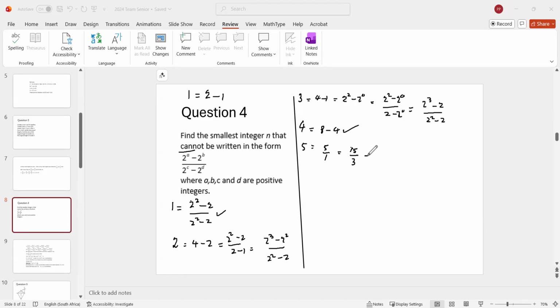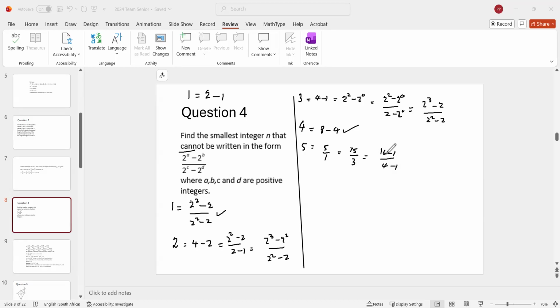Now, why do we do that? Because this is 16 minus 1 over 4 minus 1. You see, there are different ways of writing 5, but I've written it in such a way that both of them are at the same distance from a power of 2. This is 1 unit from 16, this is 1 unit from that.